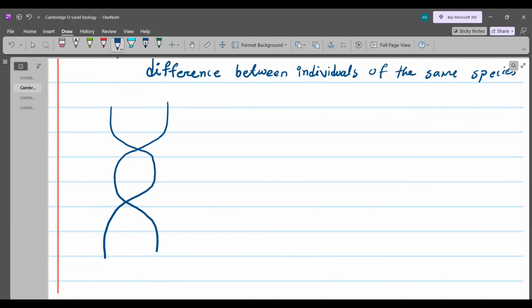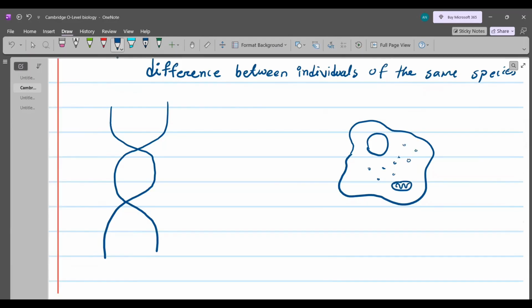Where is it actually present? Suppose this is our cell, this is our nucleus, and these are some organelles, then mitochondria. That's an animal cell. Inside this nucleus, there are small structures known as chromosomes.